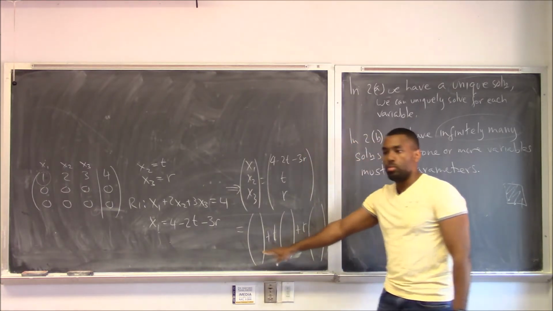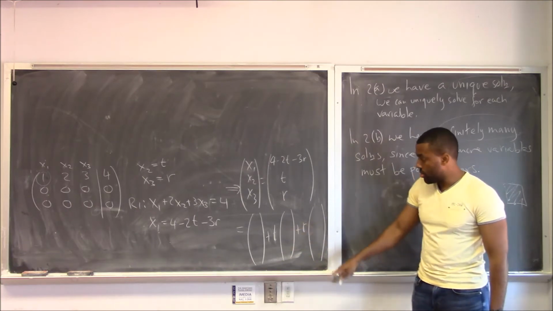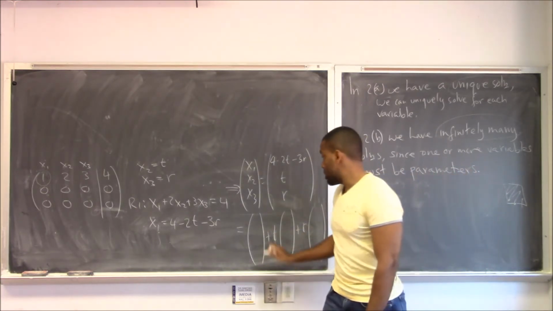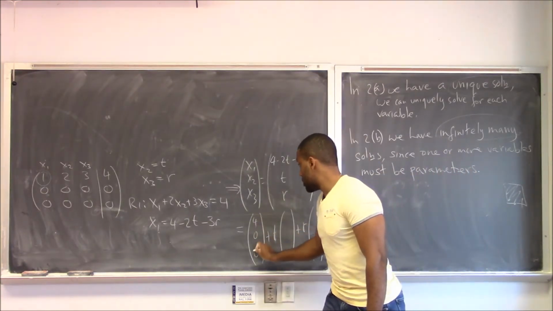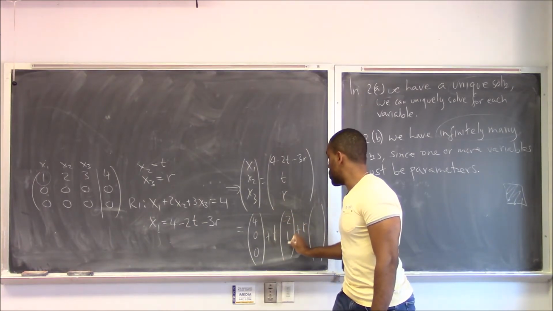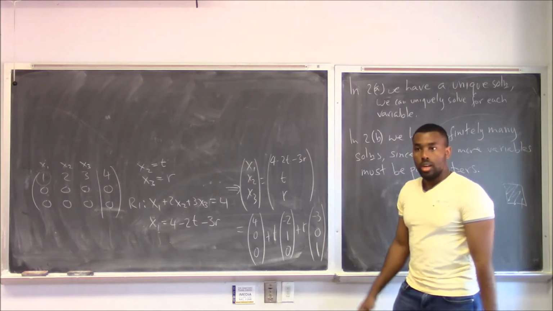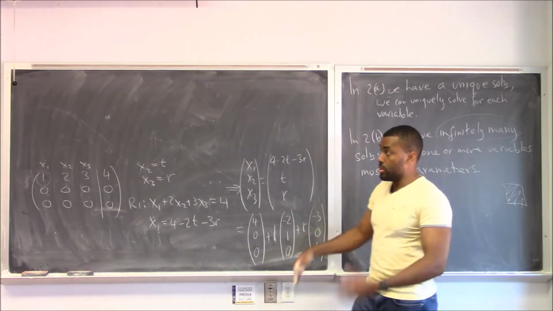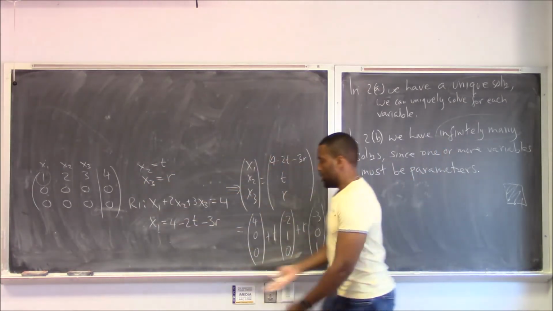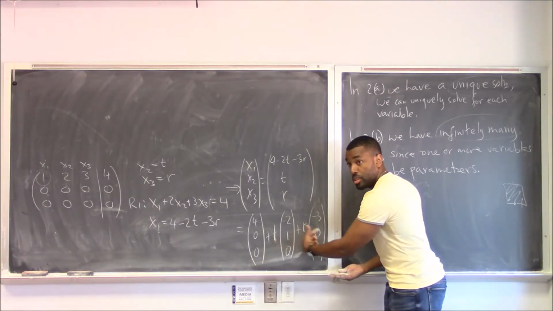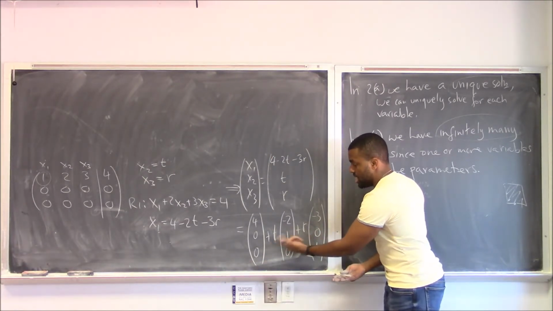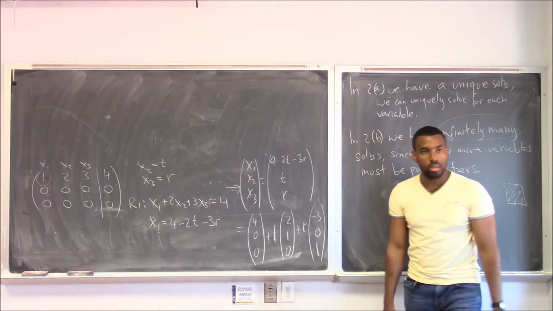The guys that have no parameters, the guys that are attached to the coefficients of t and the coefficients of r. So this would be 4, 0, 0. This would be minus 2, 1, 0. This would be minus 3, 0, 1. And so that would be the solution. So if you had a system that reduced to this, this would be the answer. You still have infinitely many, because any choices of t and r will work.